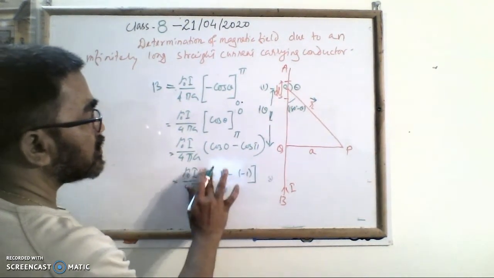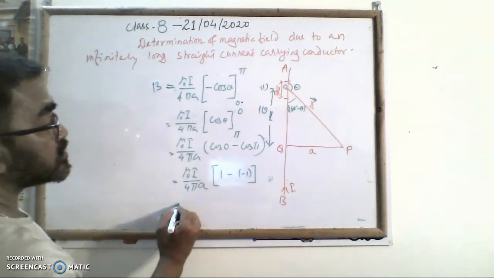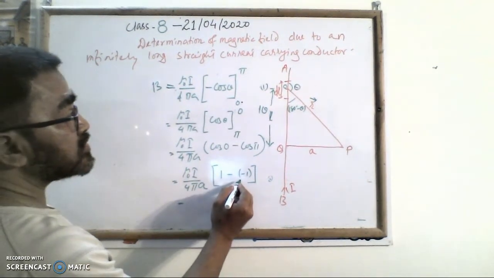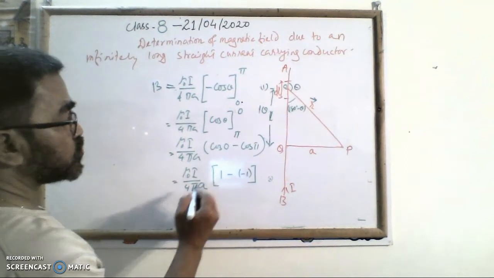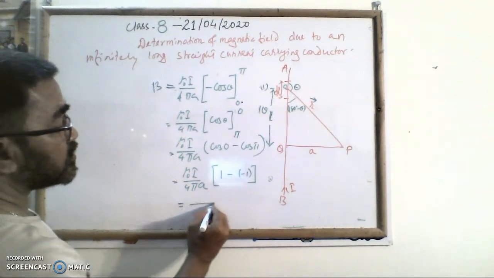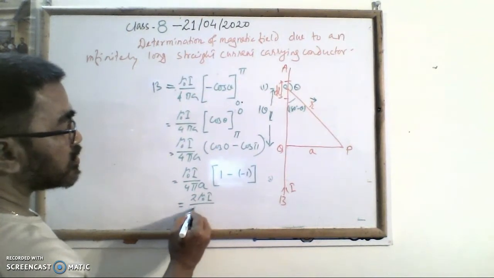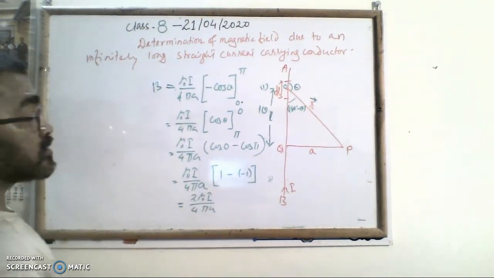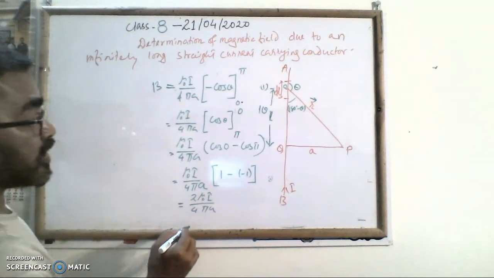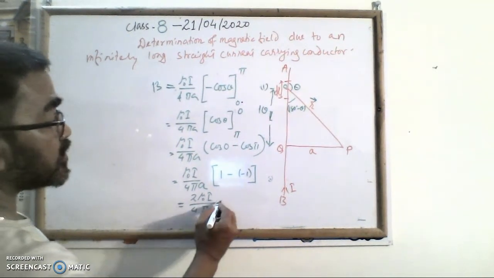So finally minus minus will be plus, so 1 plus 1, 2. So it will be 2 mu naught I by 4 pi A. So 2 and 4 will be cancelled, only 2 will be here.